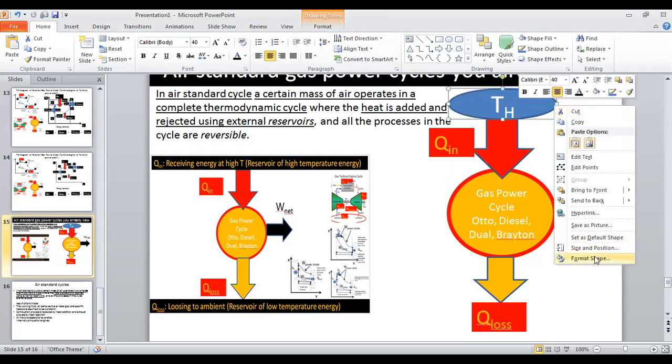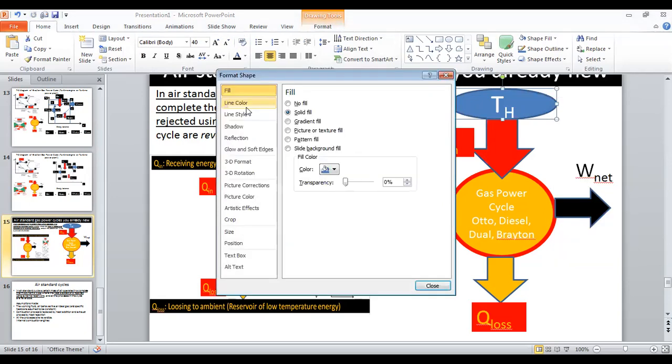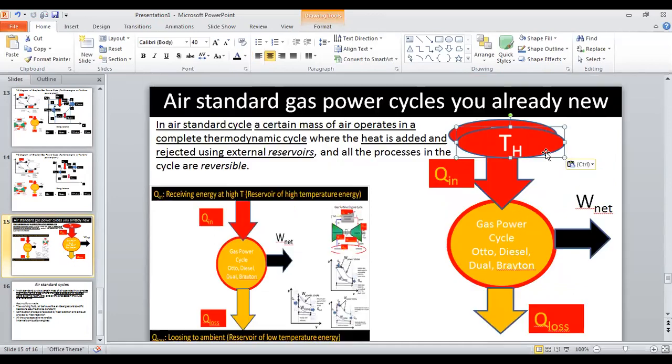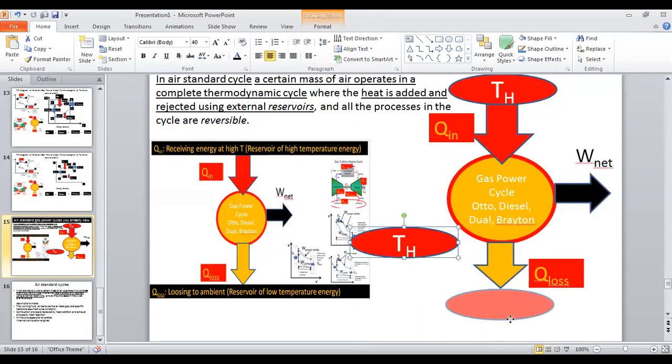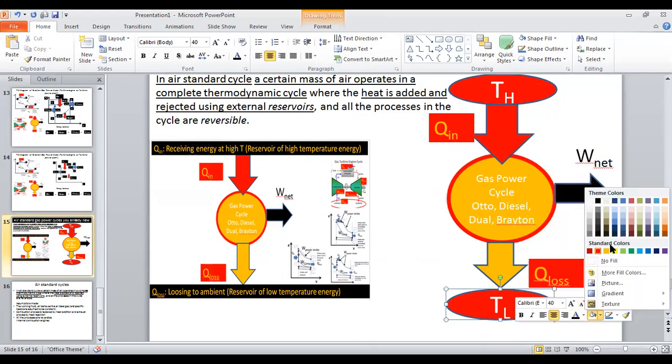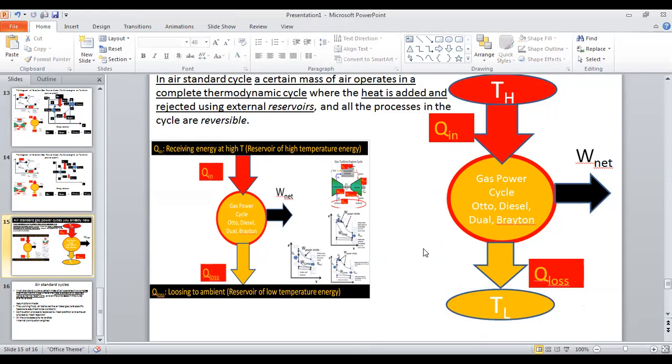So I will change the color. Like this. In the same way, Q loss goes to a low temperature reservoir. So just to show the low temperature, I will use a little light color.